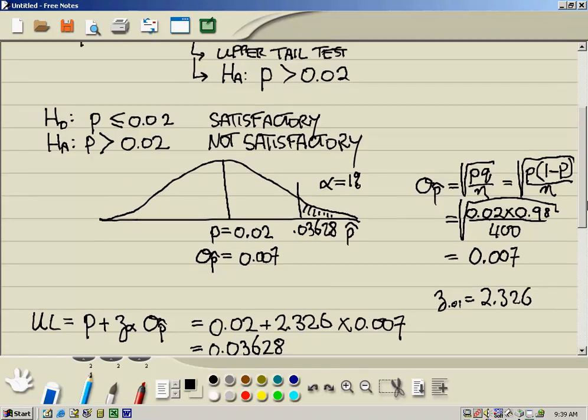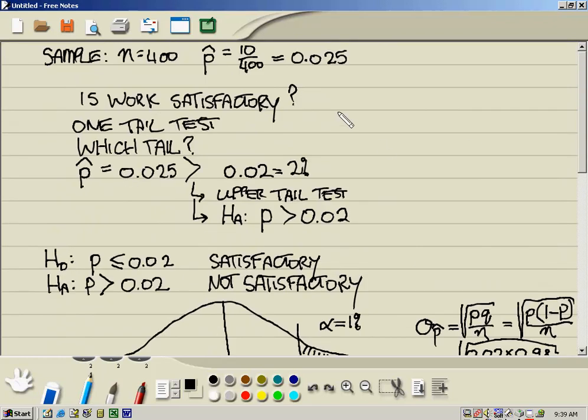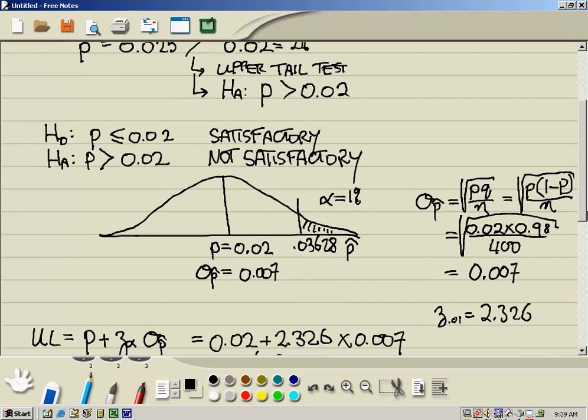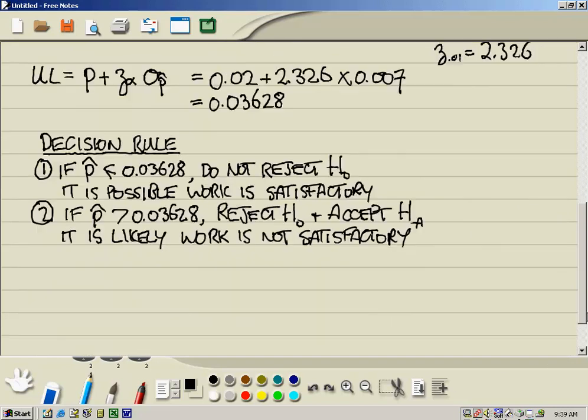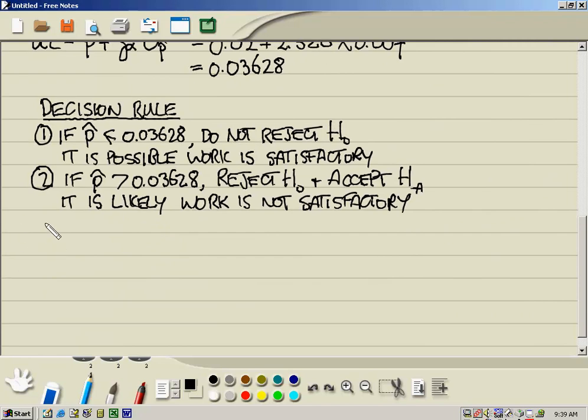Alright, now we go back, find our sample data, sample proportion of 2.5%, 0.025. Where is that on our diagram? Well, 0.025 is somewhere in the middle of the acceptance region. Okay, so we go with part 1 of the decision rule.